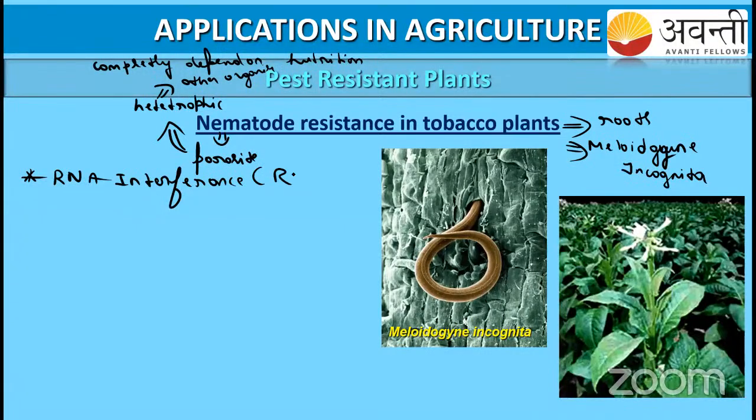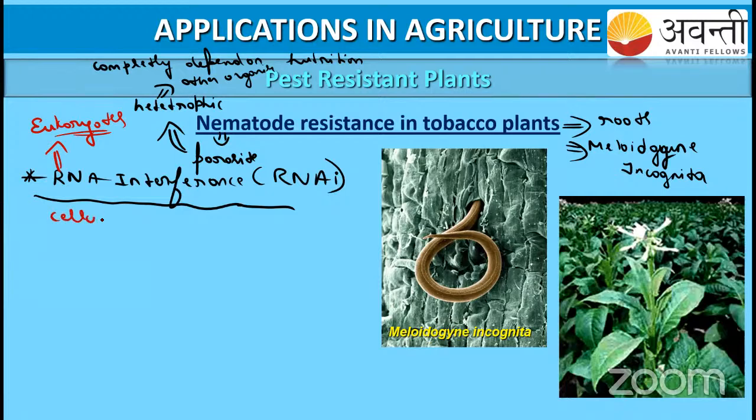We will also call it RNAi. Students, here you have to remember that RNA interference happens only in eukaryotes. It does not happen in prokaryotes. It happens only in eukaryotes.